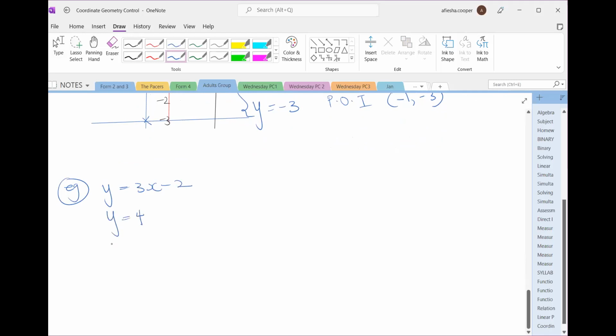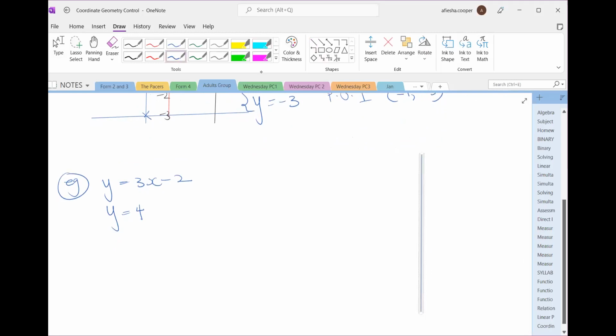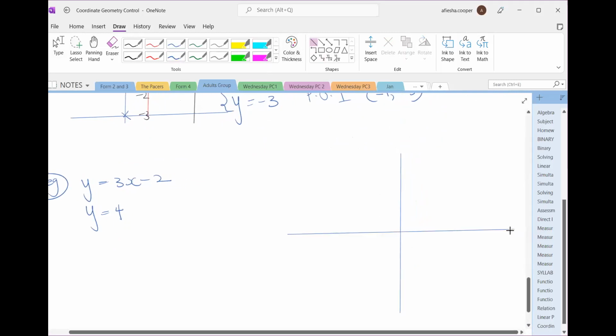We want to find the point of intersection using a graph, right? So how do we plot this line y is equal to 3x minus 2? What do we have to do?